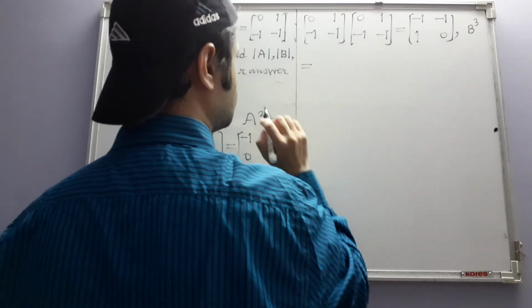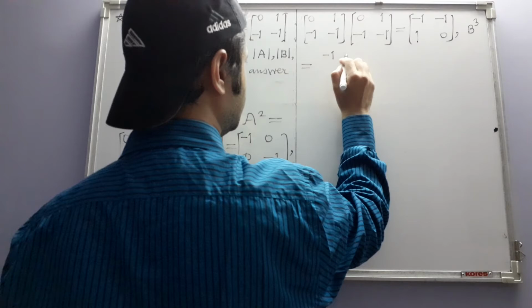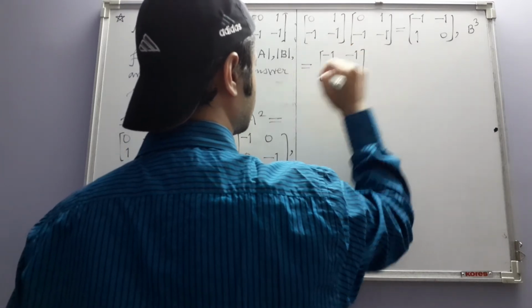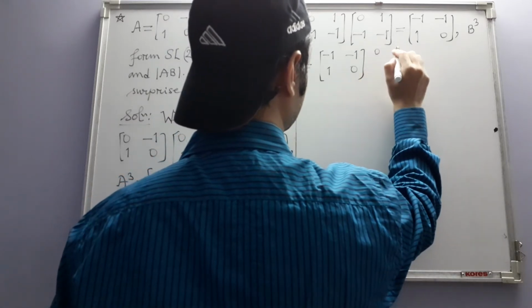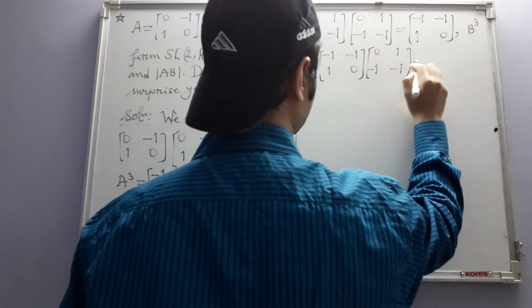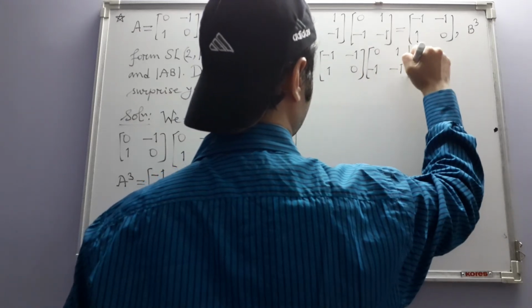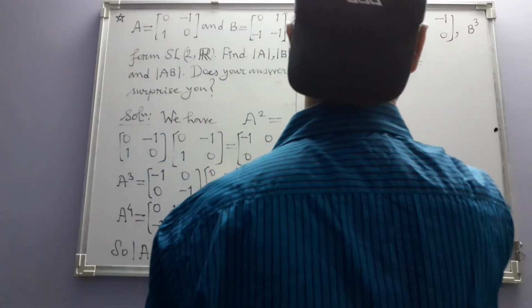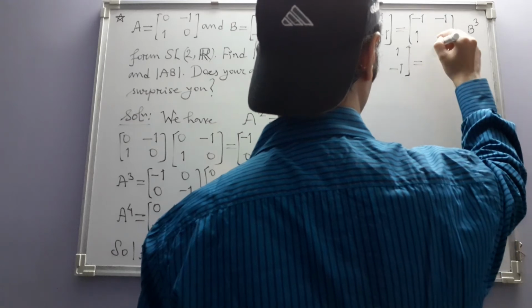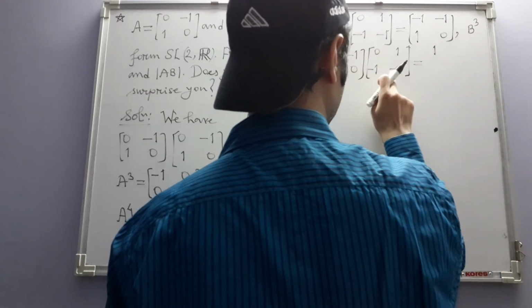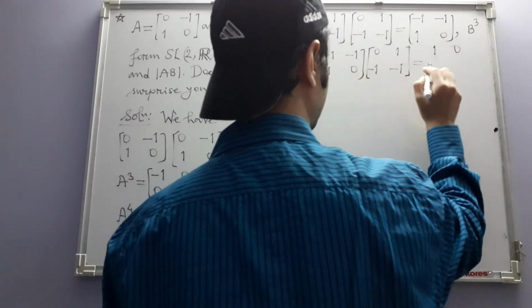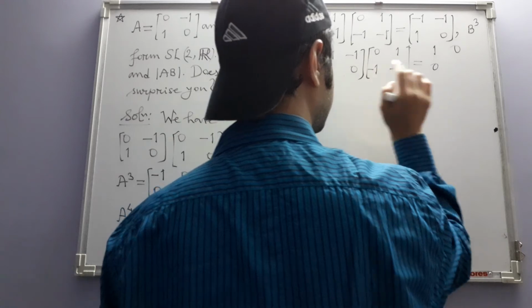Now B cube is B square times B. 0 plus 1, 1, minus 1 plus 1, 0, 0 plus 0, 0, 1 plus 0, 1.